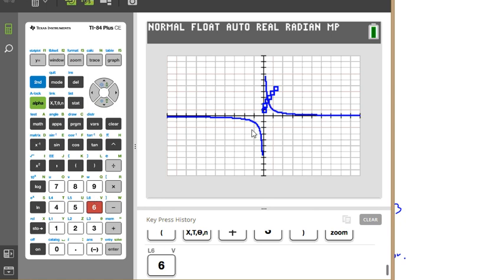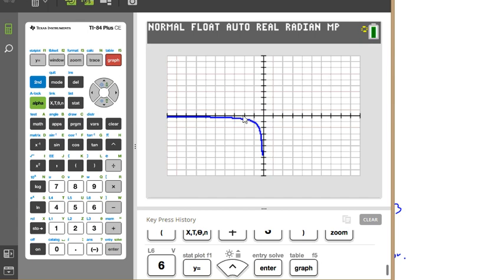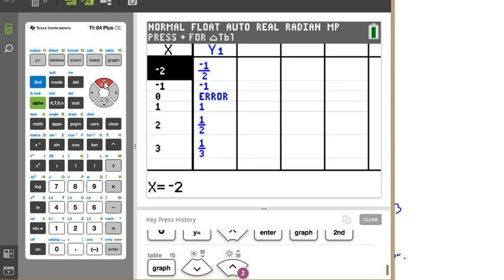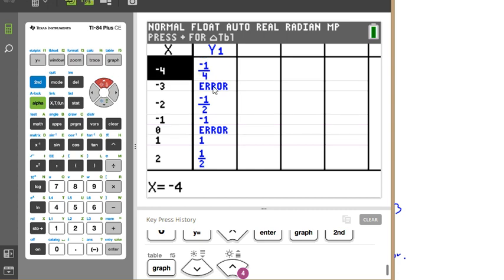Okay, we have a vertical asymptote at x equals 0. And I'm going to go ahead and get rid of those points we plotted. There we go. But we have a point discontinuity where x equals negative 3. With the negative 3 we have error. So that is our correct answer.